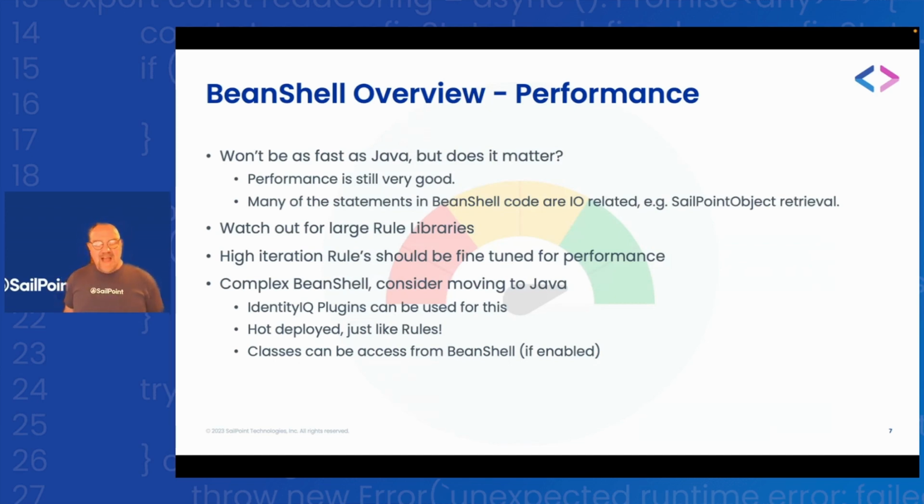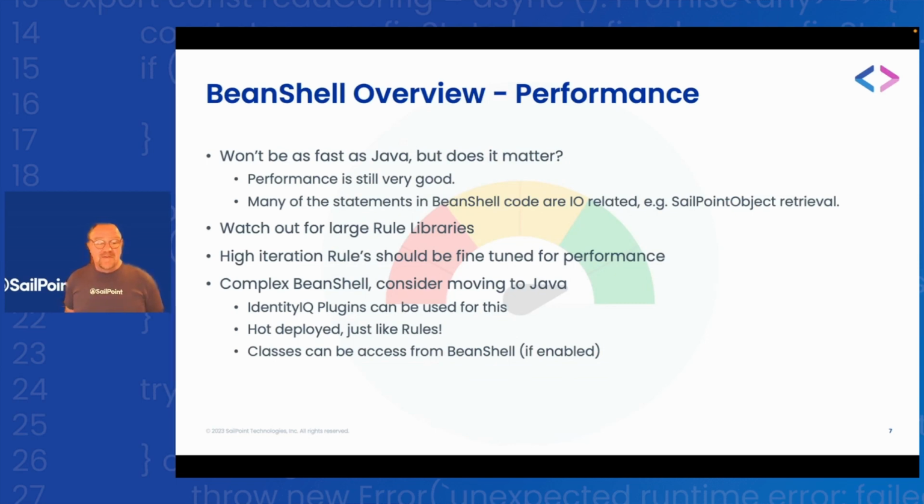We have in the past, for more complex stuff, moved it into Java. That's usually a case of, we've got some rule libraries which are quite heavy going and it's needed across the board. So we could move it to Java, but Java's quite cumbersome in this environment because you have to go and deploy the actual classes and restart the server.